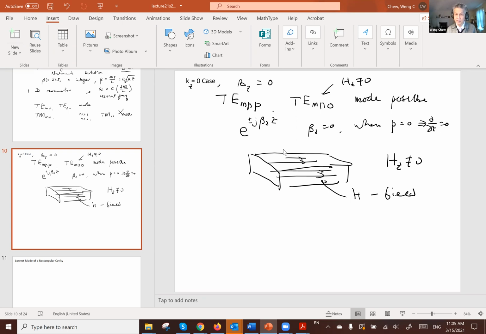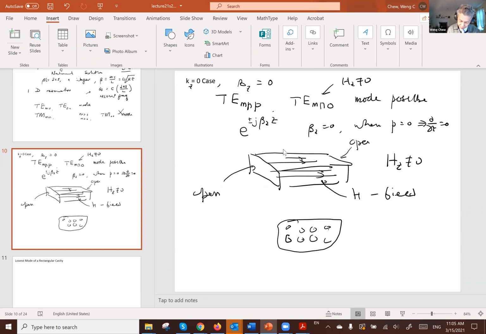And what happens is that this is a mode that is possible if this is open. And this is open in this waveguide, which means that if I look at the transverse view, the magnetic fields are coming out of the waveguide.